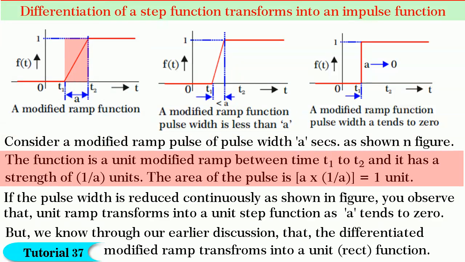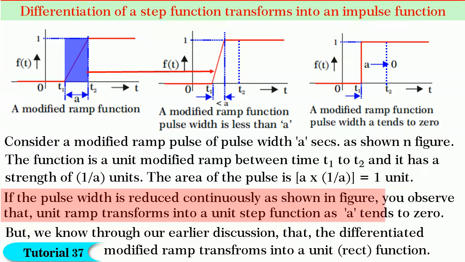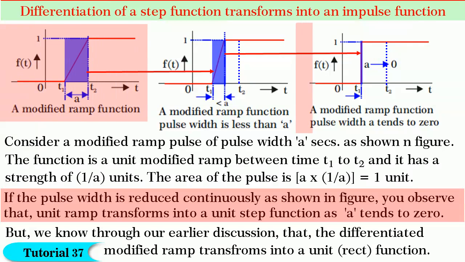This function is a unit modified ramp between time t1 to t2 as it has a strength of 1 by a into a, which is equal to 1 unit. If the pulse width a is reduced continuously as shown in figure, you observe that the unit ramp transforms into a unit step function as a tends to 0.